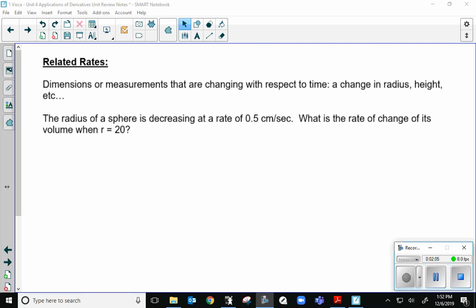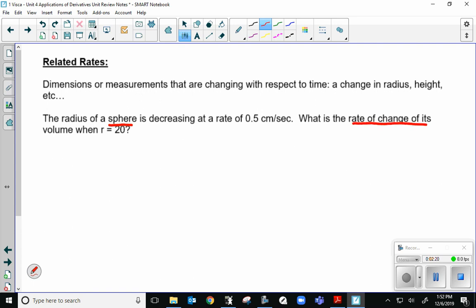The radius of a sphere is decreasing at a rate of 0.5 centimeters per second. What is the rate of change of volume? So we're dealing with a sphere. They want us to find the rate of change of its volume. I know the volume of a sphere is 4/3 pi r cubed.